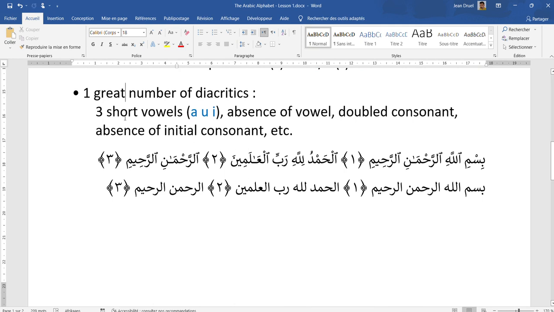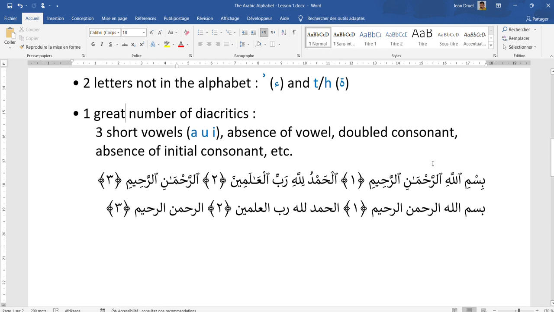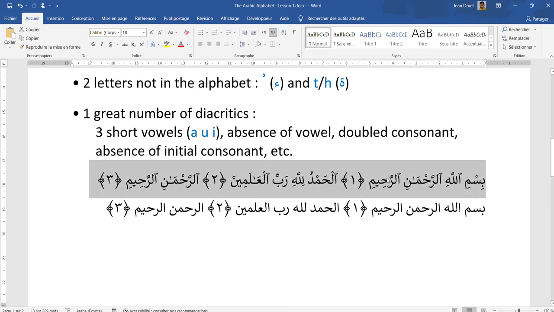So, for example, we have diacritics to note the short vowels, the absence of vowel, double consonant, absence of initial consonant, etc. Here, I've written the same text as above, so this is the first 3 verses of the Quran. Here, it's with the diacritics. You can see all these little things added up and above and below.